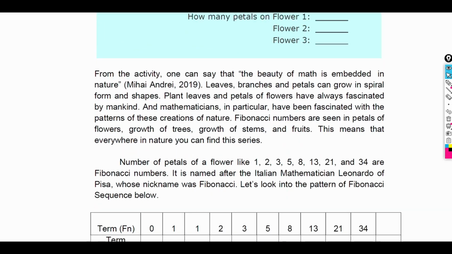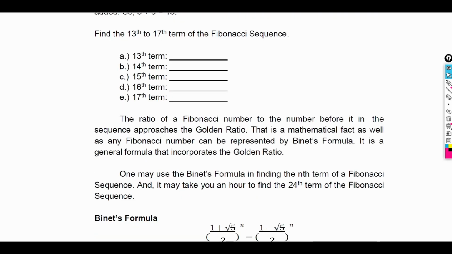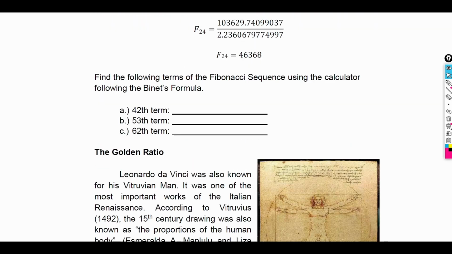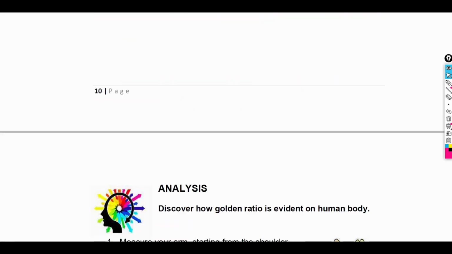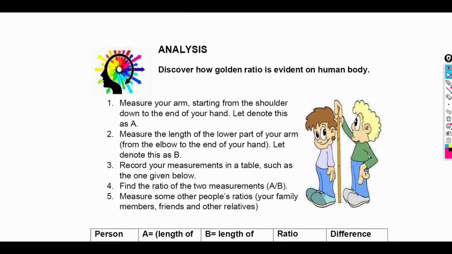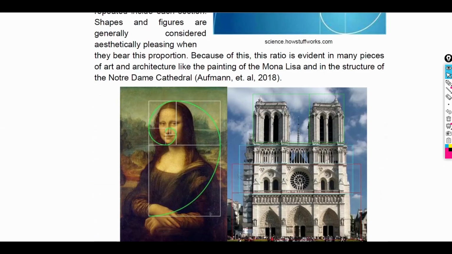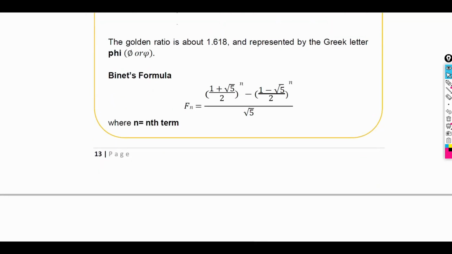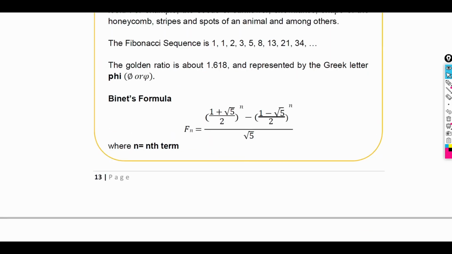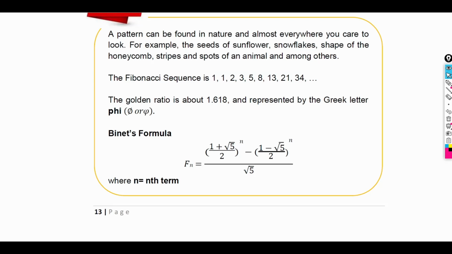So you will have this now. Just answer this, and that will be until page 13. Okay, 13, so that will be the last. You will have that as your lesson 1. This is for this week, and you are required to finish that by the end of the week.